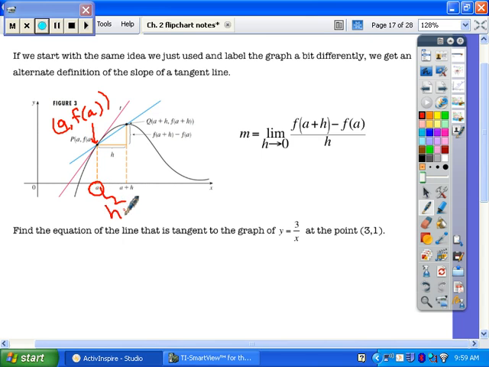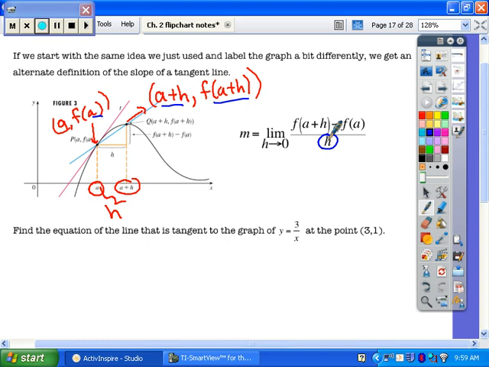If we move over a distance of h, then the new x is going to be A plus h. And the ordered pair up here would be A plus h, comma, f of A plus h. So this is just a different way to figure out the slope. Now when you set up the equation, you're going to then subtract the two y's. So that's where the f of A plus h minus f of A comes up. And then you're going to subtract the x's. And what happens is the a disappears and you just get h on the bottom.